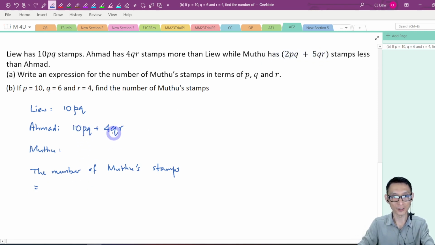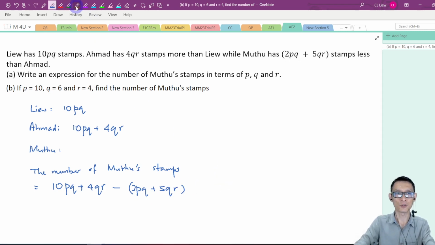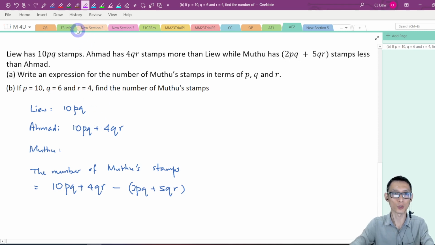It means you have to take this one minus this whole thing, so remember to put a parenthesis. If you cannot understand this, let me change to another situation. Let's say Ahmad has, for example, 10 stamps, and Mutu has 2 stamps less than Ahmad.